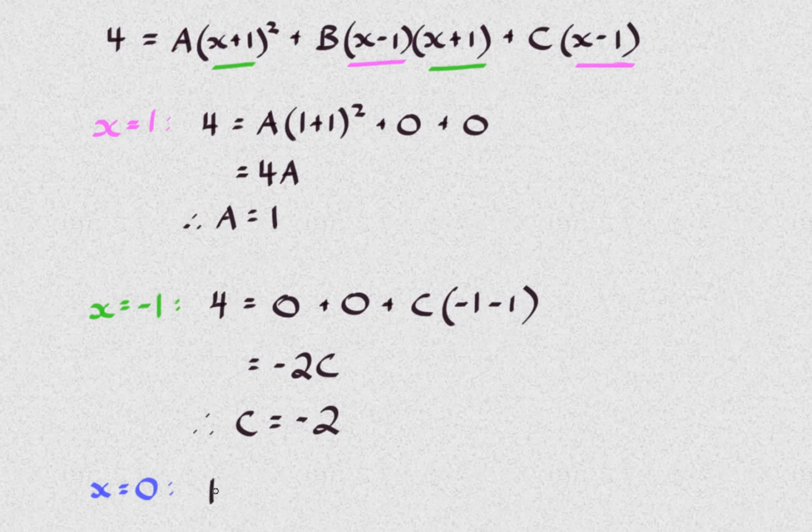That's a nice one. And let's see what we get. So 4 on the left. When we sub in 0 here, we get 0 plus 1. So that's just 1. And when we square 1, we get 1. So we just have a. Then when we sub in 0 here, we will get 0 take away 1 and 0 plus 1. So overall that becomes -1, and so we get -1 times b.